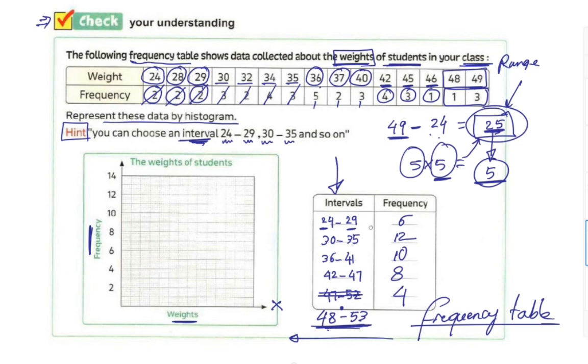How many intervals do we have? 1, 2, 3, 4, 5 intervals. So I will start from here, 1, 2, 3, 4, 5, and he writes the frequency for me.